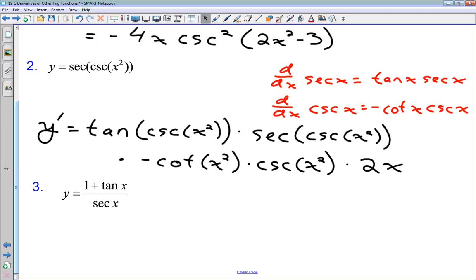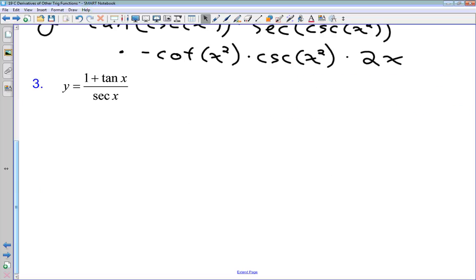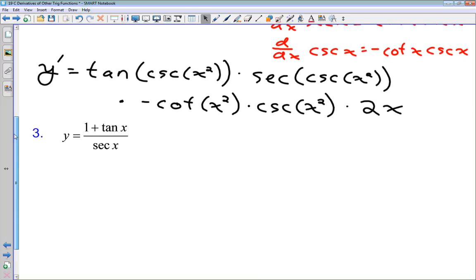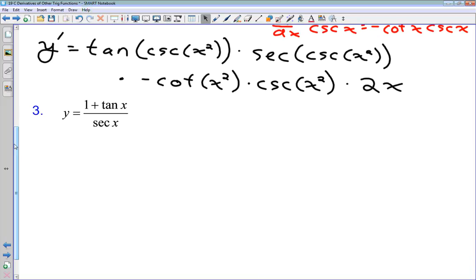All right, our final derivative here of the day. 1 plus tan x divided by secant x. We've got two trig functions, and we're going to have to use the quotient rule. So first, let's jot down what our trig derivatives are.